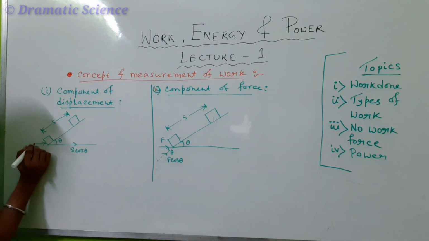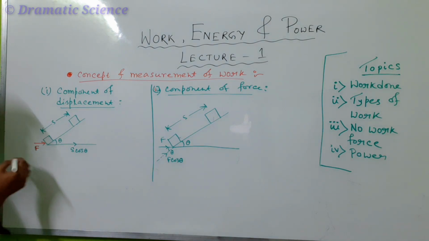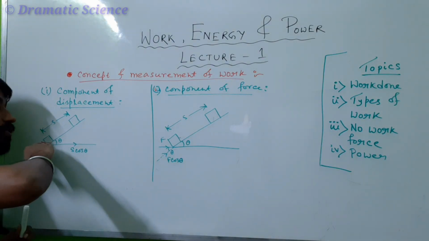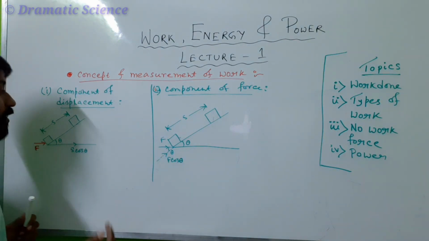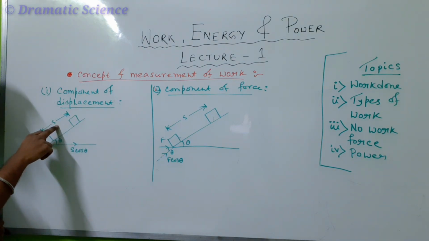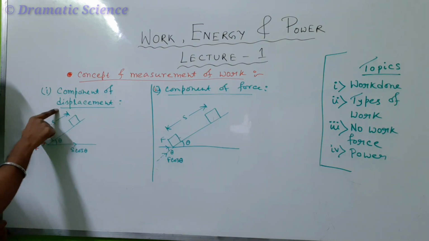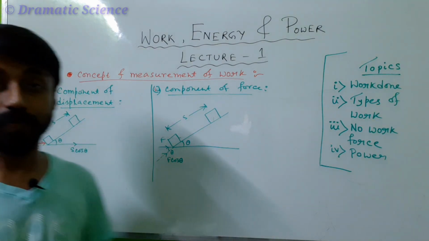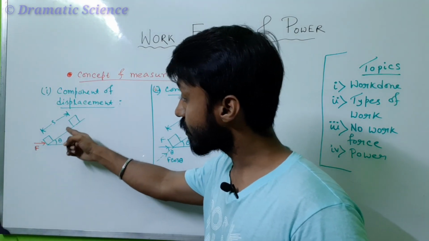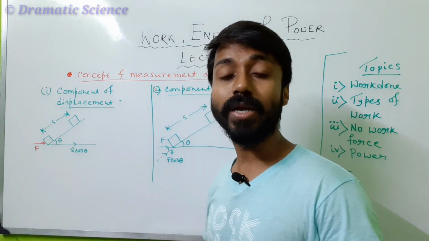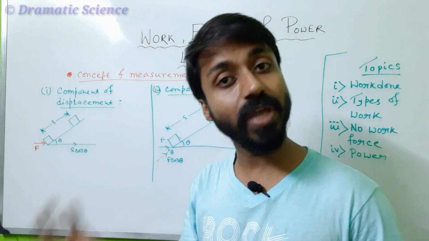We are applying a force capital F on the block and it displaces on the inclined plane by a displacement of S, as you can see, right? So F is the applied force and S is the actual displacement of the body along this inclined plane. And what is the angle of inclination of the inclined plane?